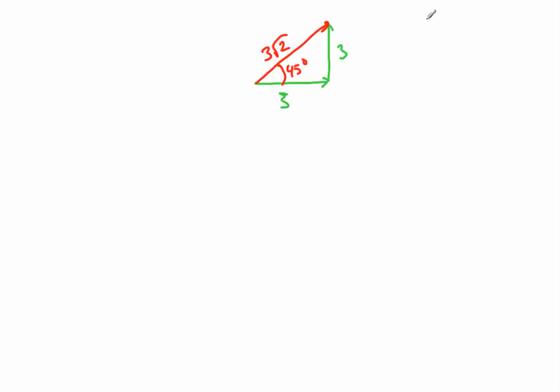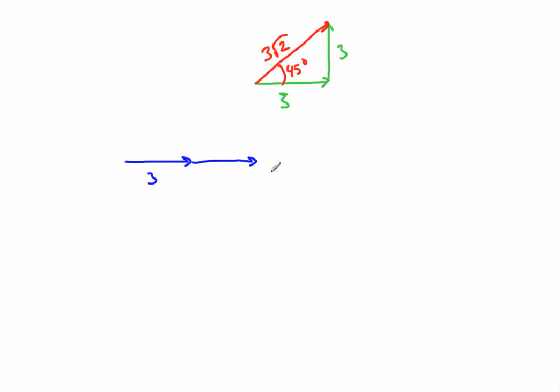Now, the way we put vectors together like that is fairly straightforward. Take one vector and place the tail of the second vector at the head, the tip, of the first vector. So if I walk 3 meters east and then 3 meters east, I can represent the first displacement with an arrow like that and the second displacement with an arrow like that.